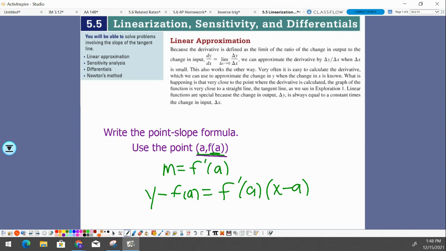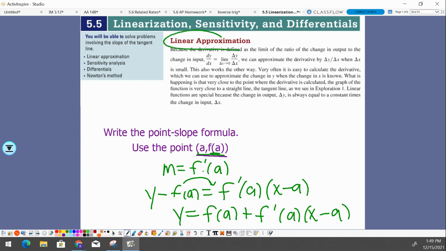So if I want to get Y by itself, I would just add F of A to the other side. So it'd be a positive F of A plus F prime of A times the quantity X minus A. So that's literally just using the point A, F of A, and the derivative for the slope. That's actually what we call linear approximation.